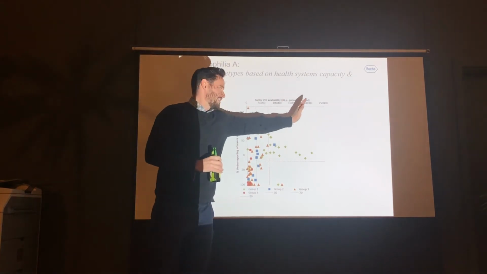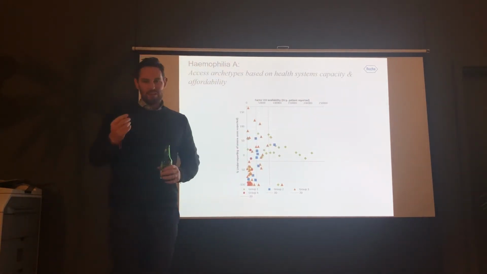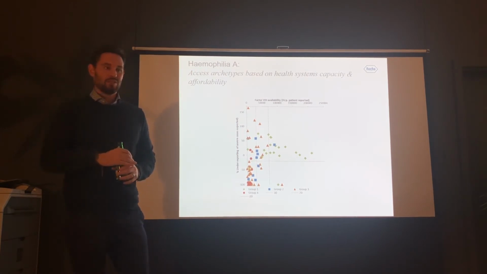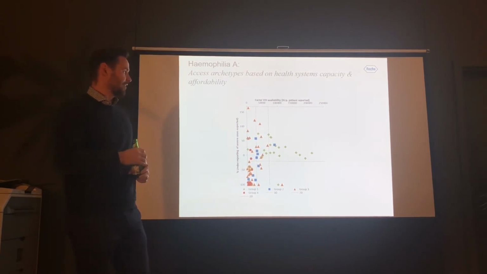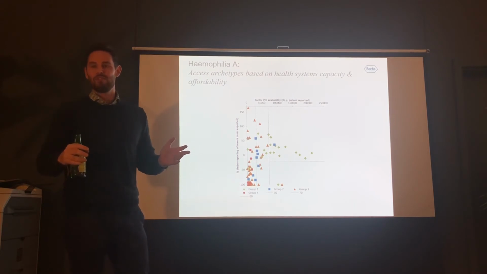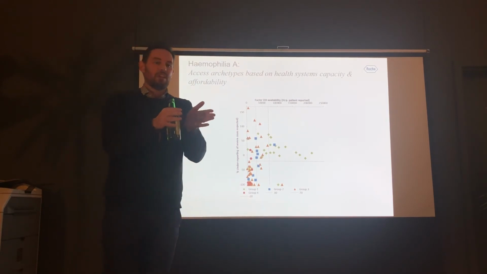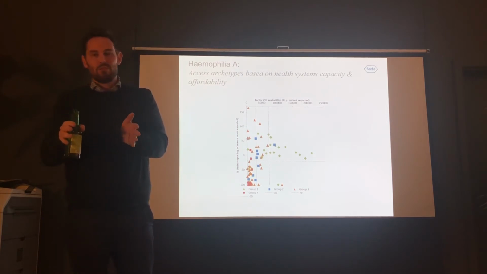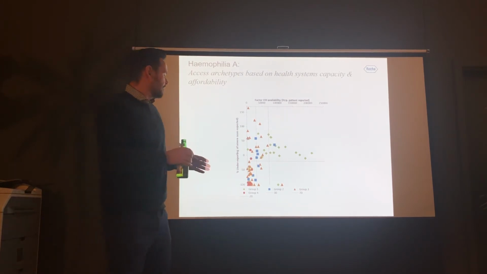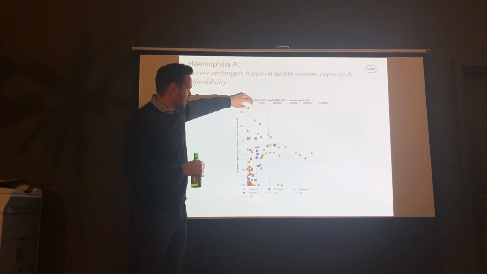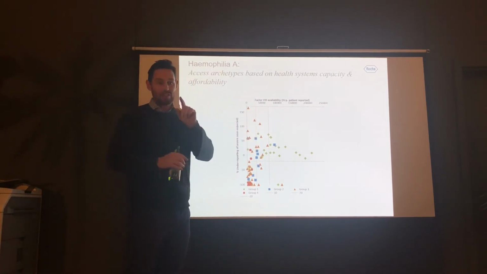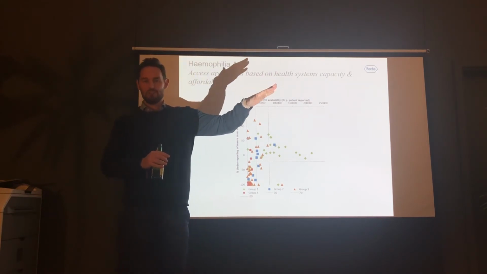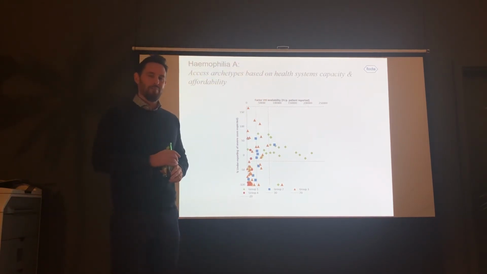What you can see on the x-axis is the availability of treatment. I mentioned factor 8 as a replacement factor that you need to give to these patients, and there are global guidelines on how much factor 8 needs to be available in a country to support these patients. You can look up this data: how much factor VIII the country purchased.